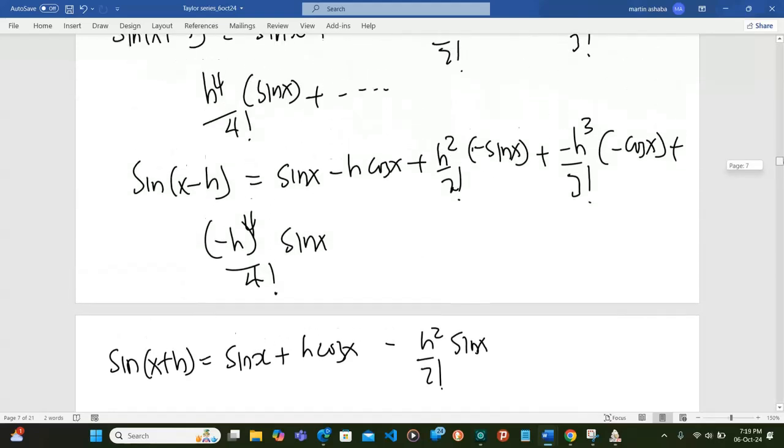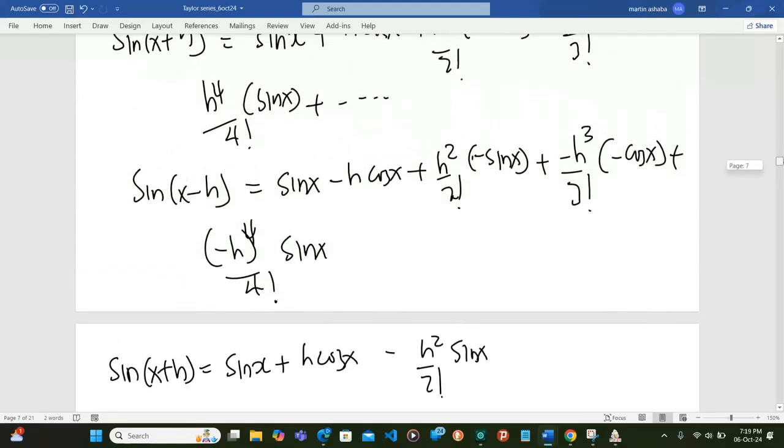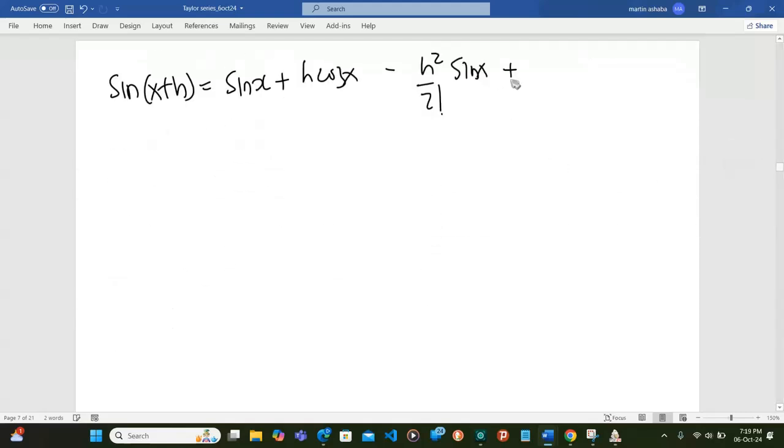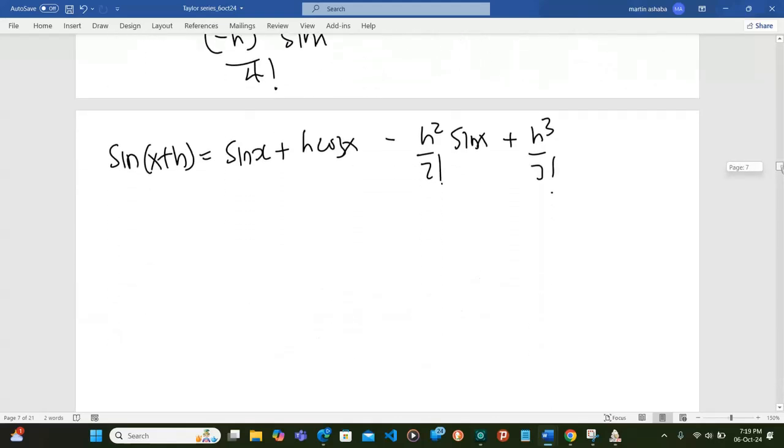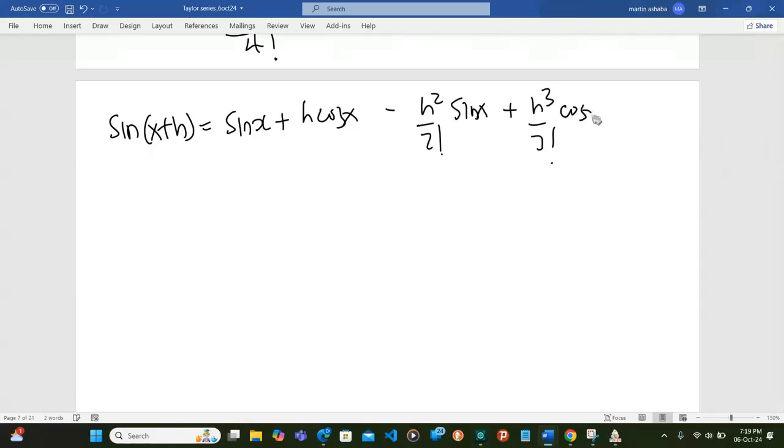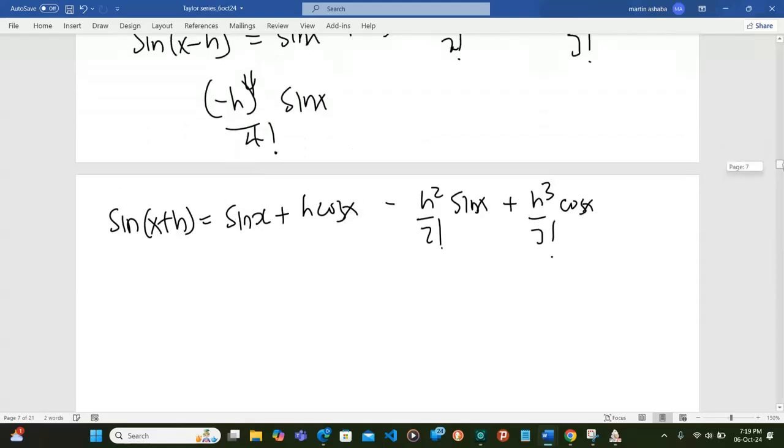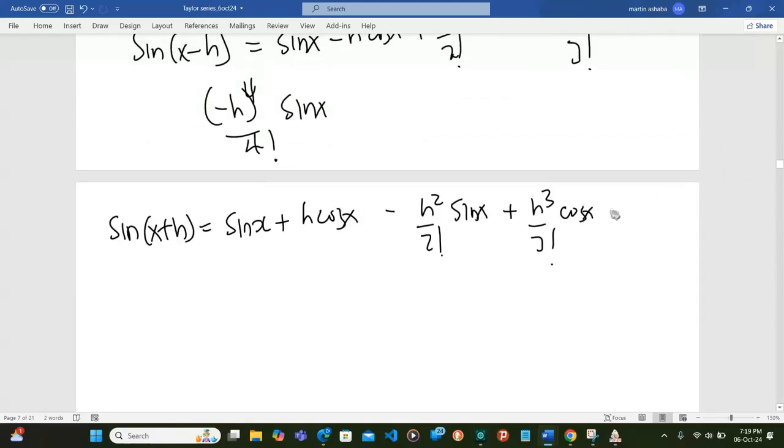Then we also have plus h cubed out of 3 factorial cos x. Then plus h to the power 4 out of 4 factorial sine x.